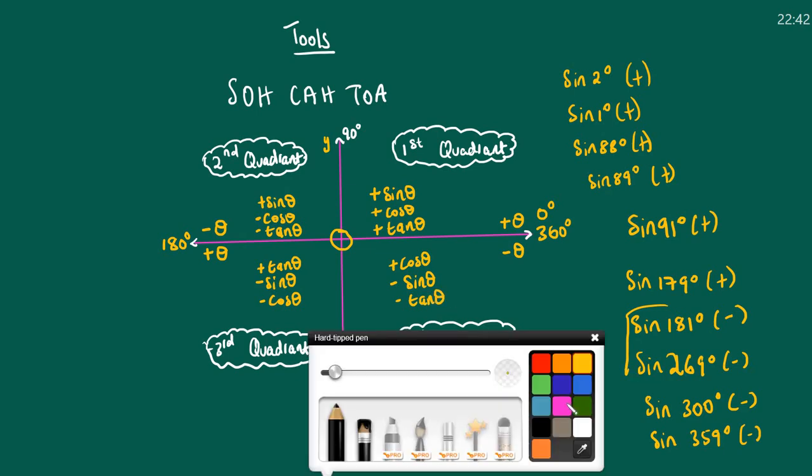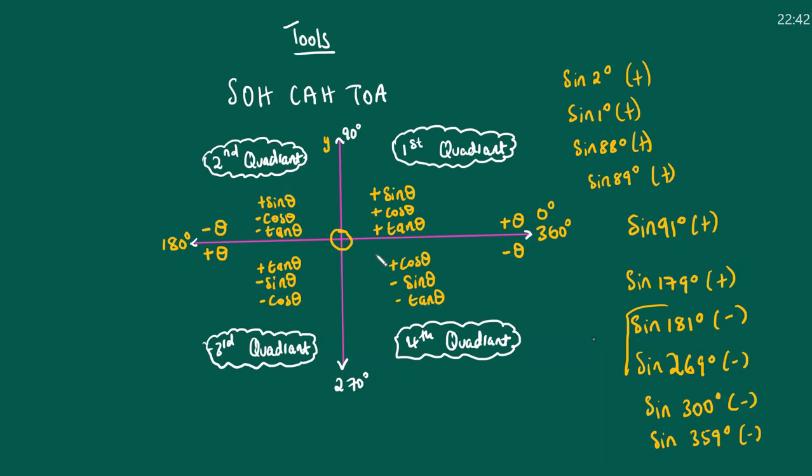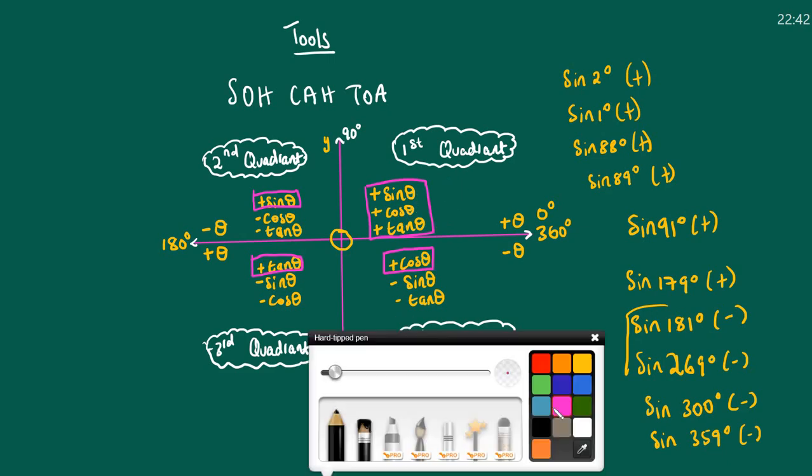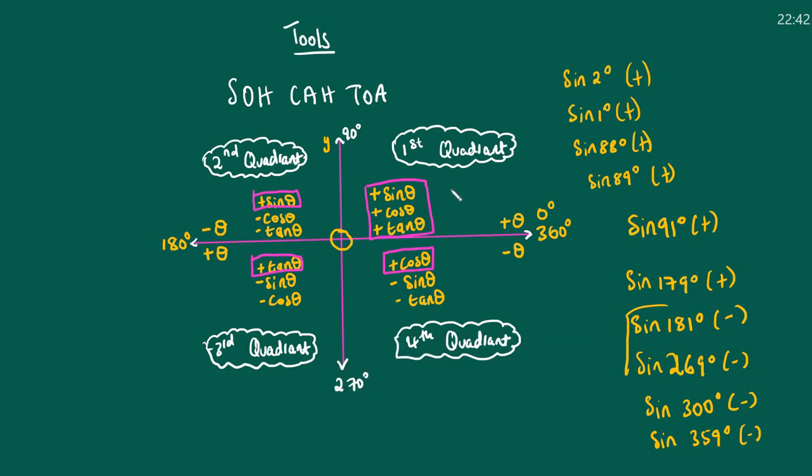So what we usually then do is that we zoom in to the one that is positive in that quadrant. We simply say in the first quadrant, all of them are positive.